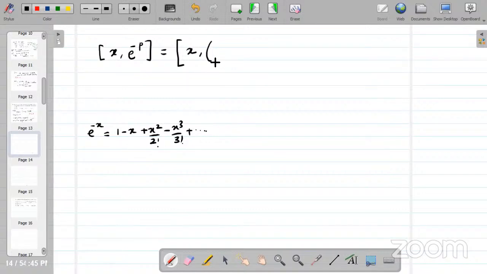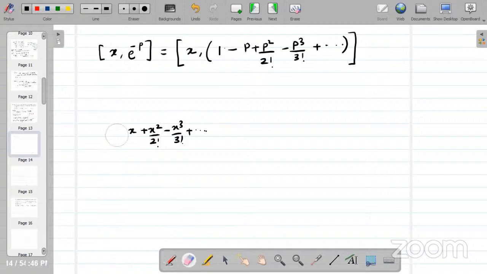This is also true for an operator: 1 minus p plus p square by 2 factorial minus p cube by 3 factorial. Now just expand.